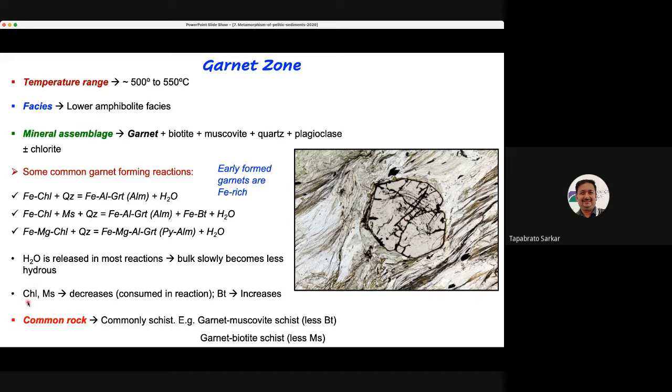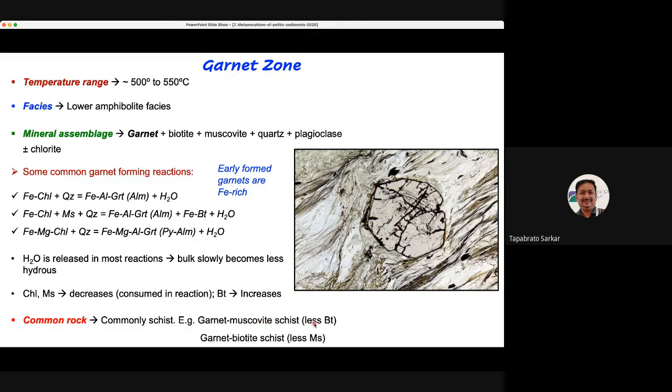So chlorite definitely, and some muscovite, decreases and is consumed in the reaction. What is increasing is biotite. If muscovite is consumed, biotite increases. So chlorite and muscovite decrease, biotite increases. This is what happens in the temperature range of 500 to 550 degrees centigrade in the lower amphibolite facies conditions.